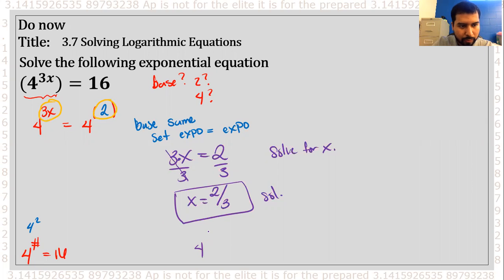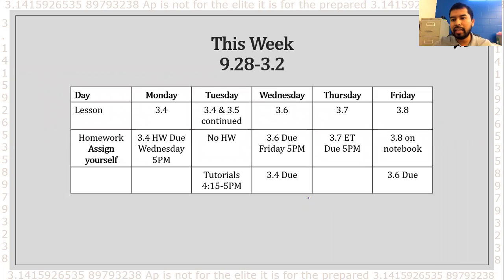So 3 times 2/3 simplifies to 6/3, which simplifies to 2, so 4 squared, which indeed gives us 16. Pretty cool, right?